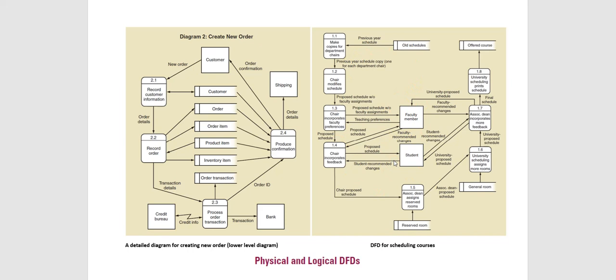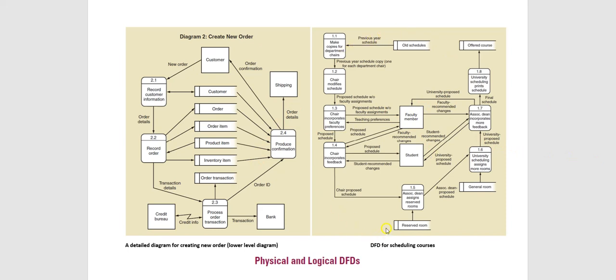This is not what we actually need at the analysis stage. We need the logical model because we want to depart from the physical aspects of the system, right? We need how the information flows through the system rather than the physical attributes. Okay, so that's the distinction between the physical and logical DFD.